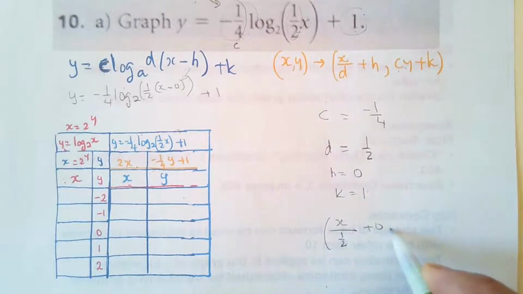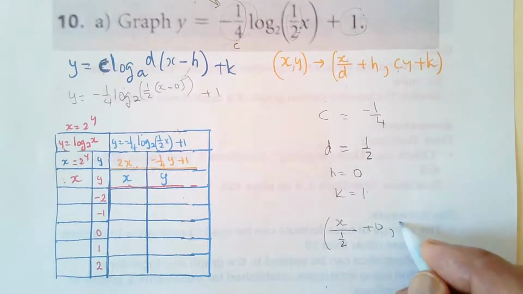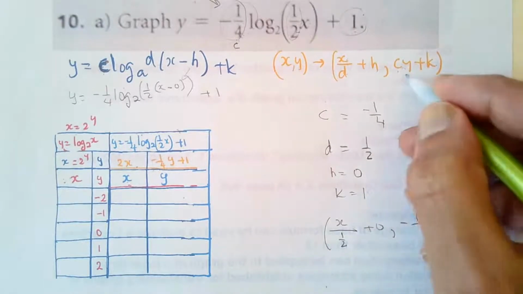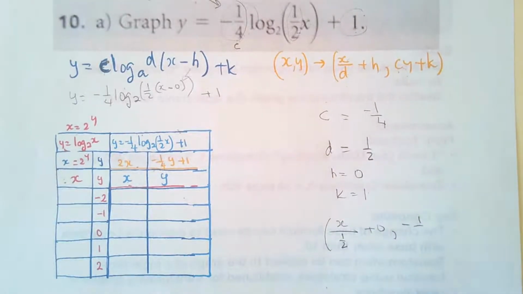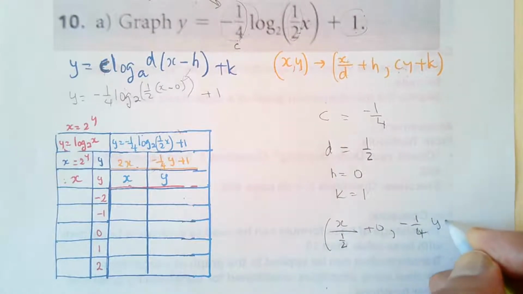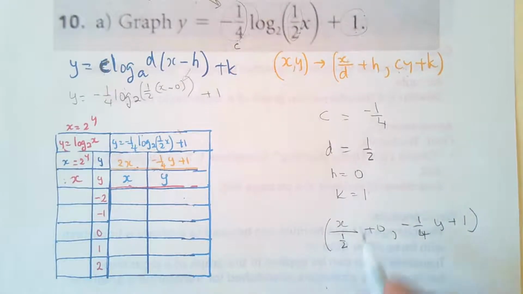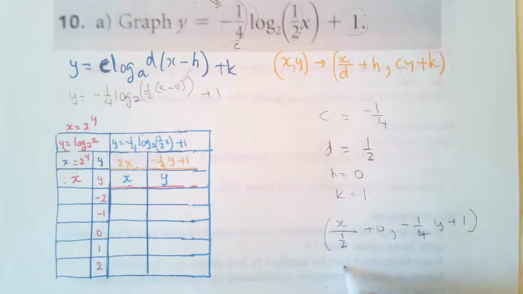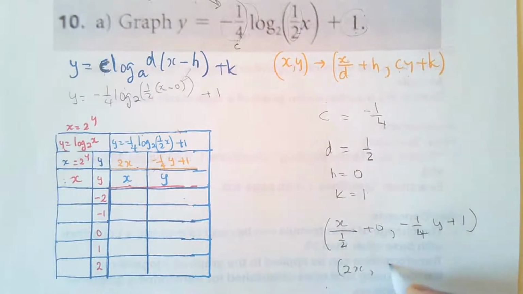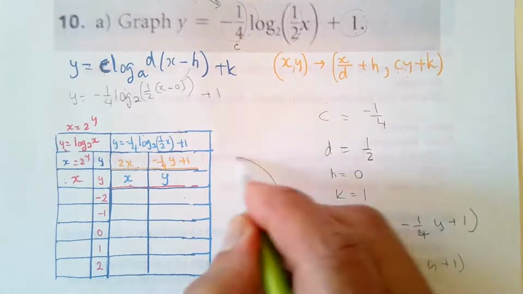And c is negative 1/4, and y plus 1, because k is 1. If I simplify this, it becomes 2x, and negative 1/4 times y plus 1. That's how I got that.